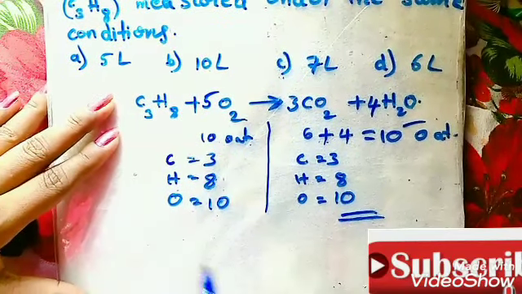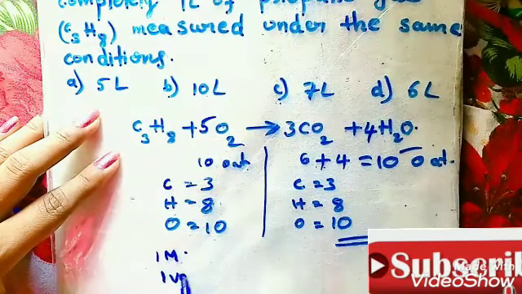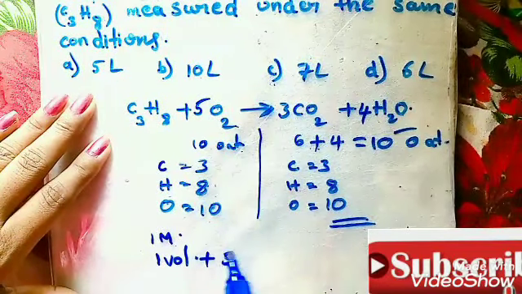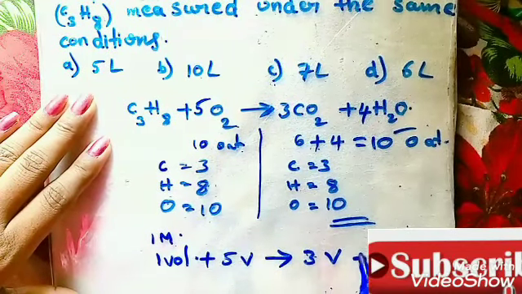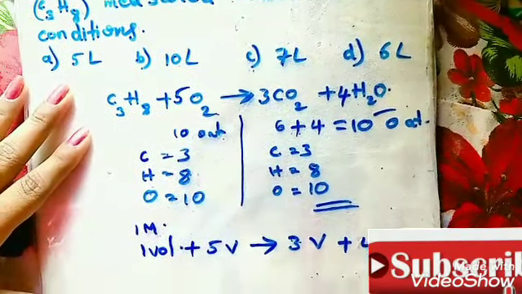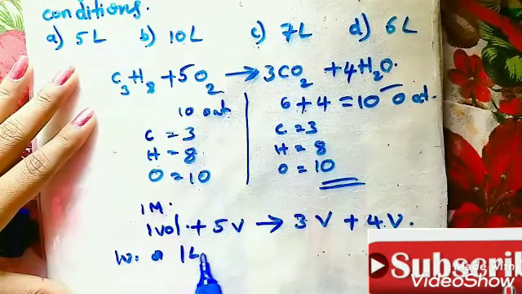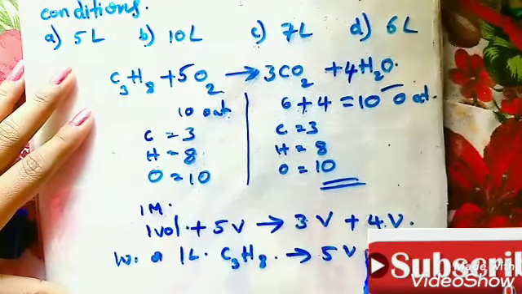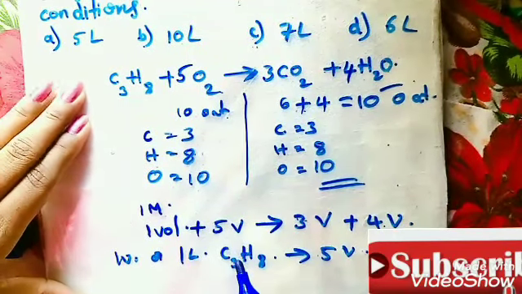And students, this indicates 1 mole, that means 1 volume, plus coming to oxygen, 5 mole, that is 5 volume, here 3 volume plus 4 volume. According to the above equation, 1 volume or 1 liter of propane requires 5 volume or 5 liters of oxygen to be burnt completely.